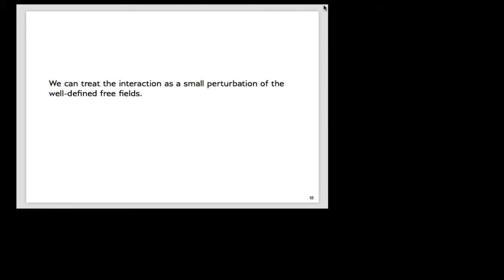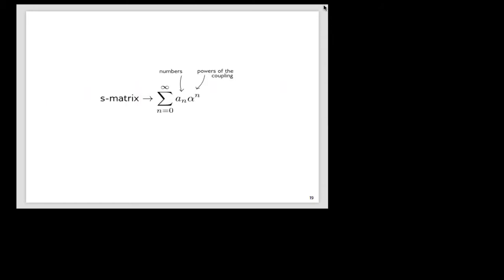The idea, and where perturbative field theory kind of departs from the exact characterization of axiomatic field theory, is to treat the interaction as a small perturbation of the well-defined free fields. And when we do this, what we get as an expression for the S matrix is an infinite sum of terms where each individual term is a number, and I'll tell you where the numbers come from in a moment, multiplied by powers of the coupling constant alpha, which tells you the strength of the interaction in the theory.